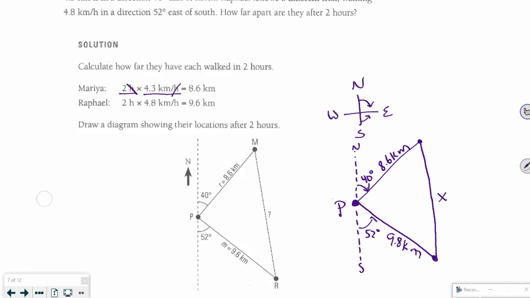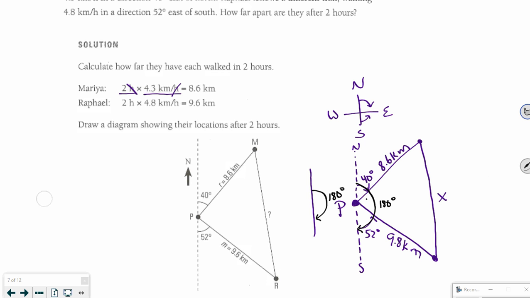There's another little trick to this. A straight line in math measures 180 degrees. What that means is if I go from right here to right here is 180 degrees. So if I start at my north line and I go all the way over to my south line, that's going to be 180 degrees.